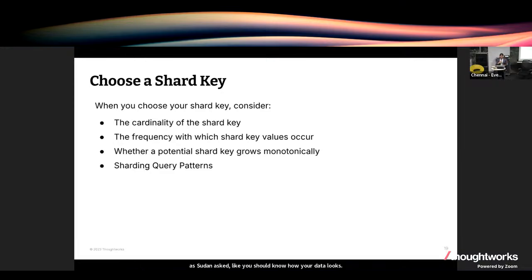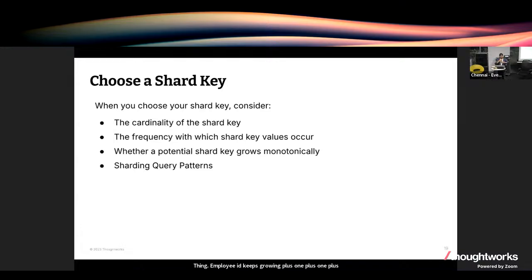I agree. And whether a potential shard key grows monotonically. If you have something like an employee ID, for example, it's just going to keep increasing as new employees join. So if you put the first 20, next 20, next 20, and the last 20 till the end number goes into the last shard, then if your employee ID keeps growing, plus one, plus one, plus one, everything goes into the last shard.